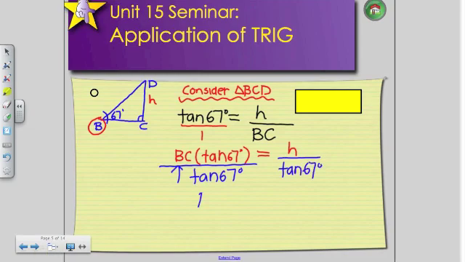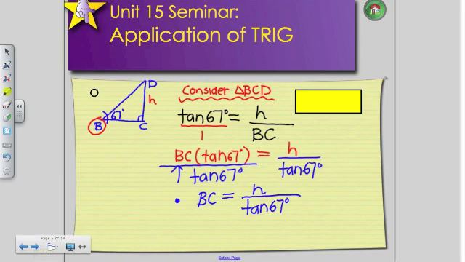So BC is equal to H over tan 67 degrees. So I have an expression for BC with my larger triangle, and I have an expression for BC with my smaller triangle. I have two expressions for BC.